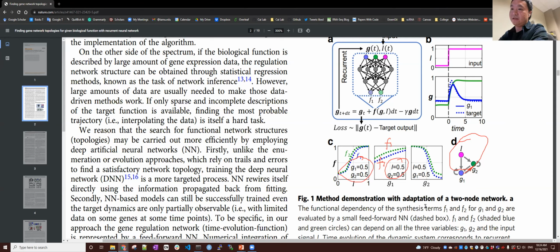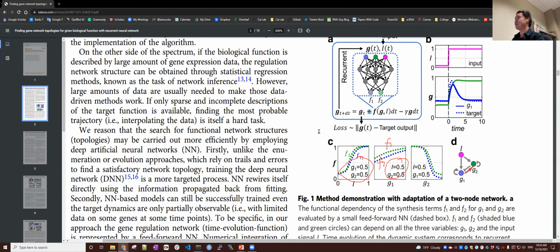And also self-govern. I cannot draw. Also self-govern itself, the G1 to the G1 itself. So that's the main idea that they infer from the result, how they obtain a gene regulatory network from the F. F is the synthesis curve with respect to the gene 1 and gene 2 expression level.